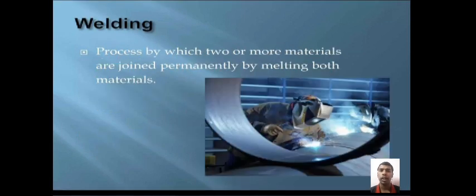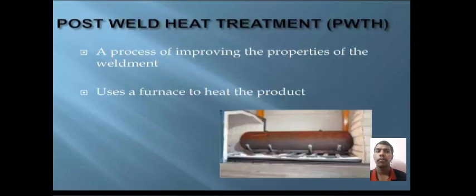Now welding. It is a common process, and as we all know, it is a process by which two or more materials are joined permanently by melting both materials. Now what is the meaning of post weld heat treatment, PWHT? It is a process of improving the properties of the weldment.